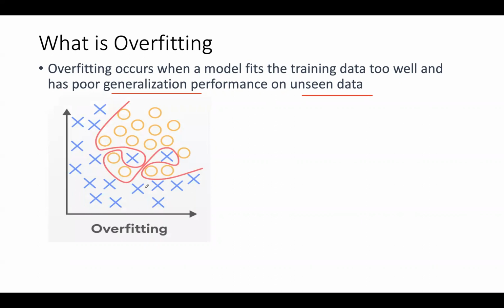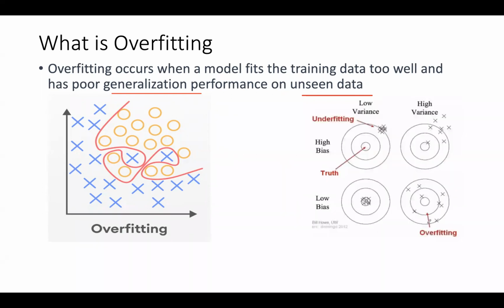Now, in the case of overfitting, let's just see that. You can see here, it fits so perfectly. It tries to discriminate these two classes, the blue X and the yellow circles. In this case, we say our training set error is low, so it will have low bias, and the test set error is high, meaning high variance.